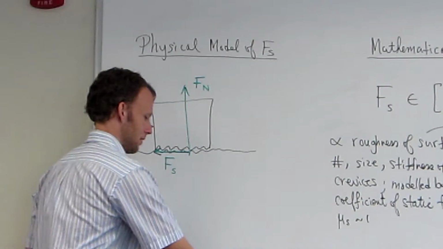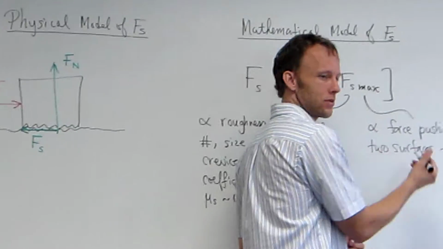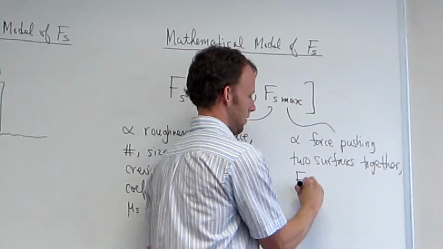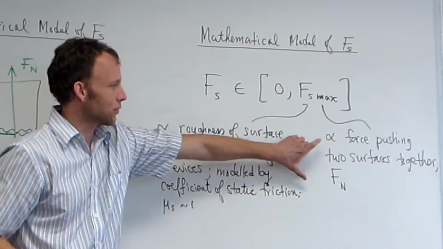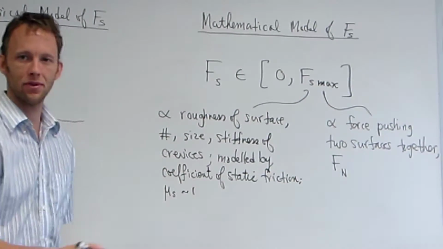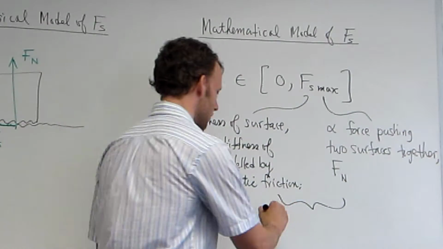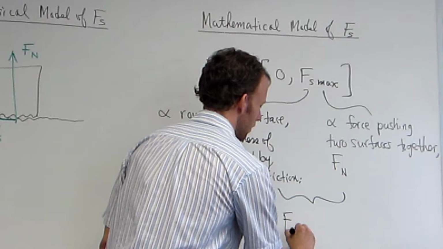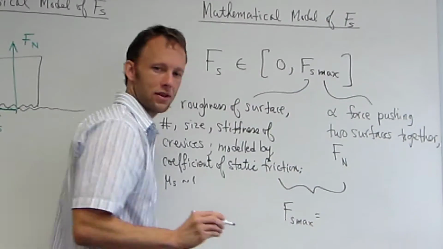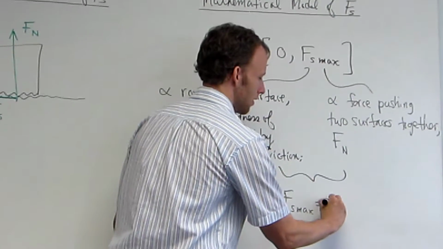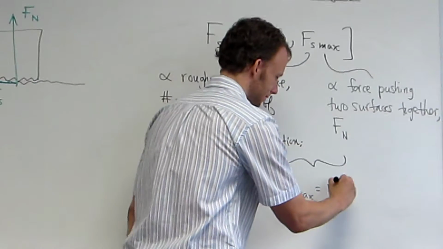So, F sub s max would be proportional to that force pushing them together, Fn, and also the roughness of the surfaces. And we can combine these two proportionalities into a single equation and say that F sub s max is equal to mu sub s times Fn.